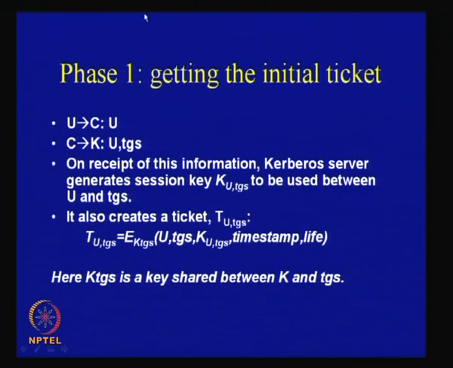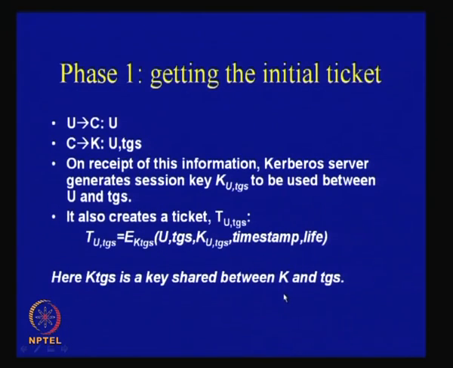And this entire ticket is encrypted by KTGS, which is a long term key maintained by the Kerberos server for the ticket granting service. So, KTGS is a key shared between K and TGS, again a long term key.